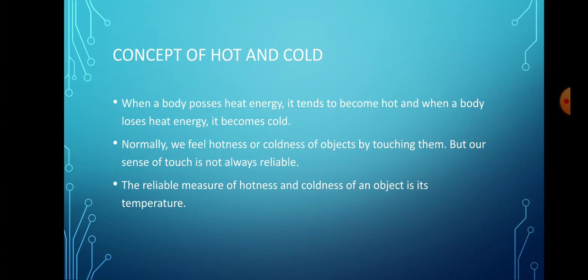Normally, we feel hotness or coldness of objects by touching them, but our sense of touch is not always reliable. The most reliable measure of hotness and coldness of an object is its temperature.